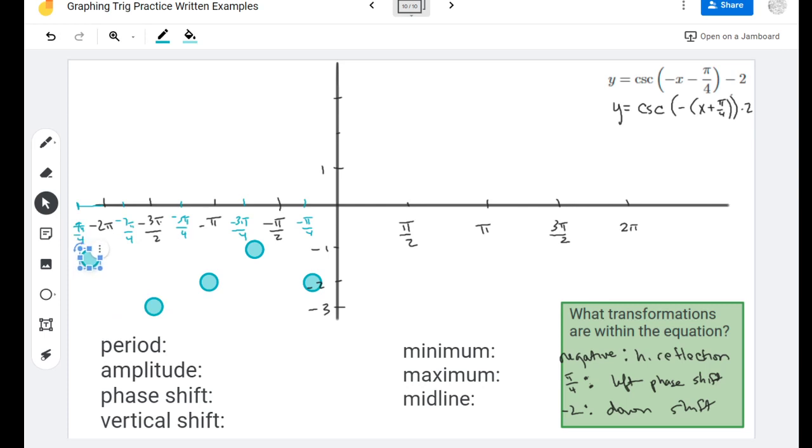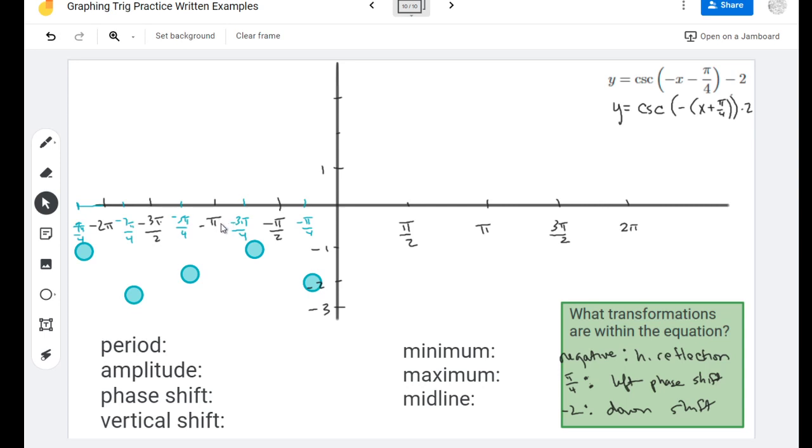There we go. I'm just trying to make it look a little bit better. There we go. Alrighty. So now that we've done that, remember the cosecant graph has asymptotes on it.